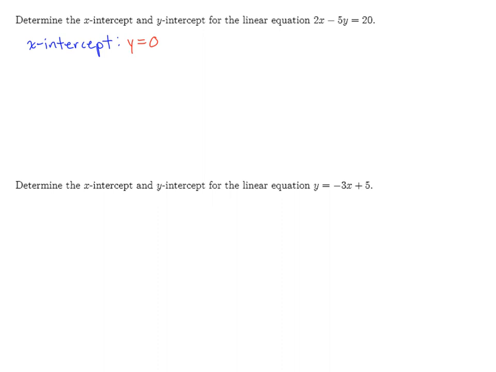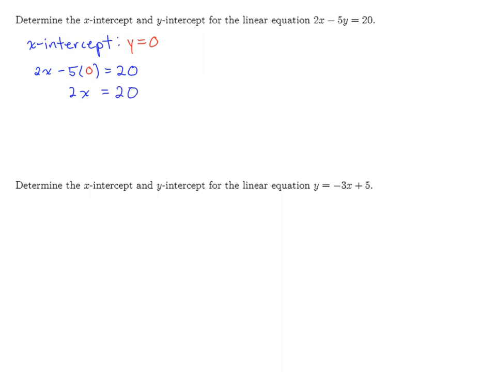in my equation. So doing that, this first equation is 2x minus 5y equals 20. So I'll take 2x minus 5 and I'll replace that y with 0 and I'll set that equal to 20. Simplifying now, I find that 2x is equal to 20.